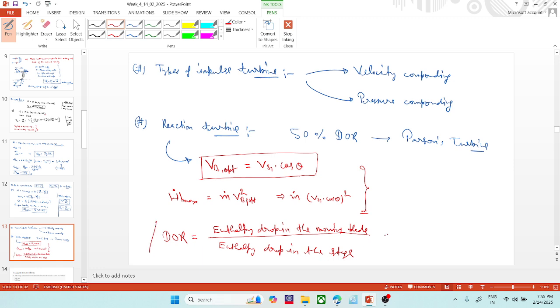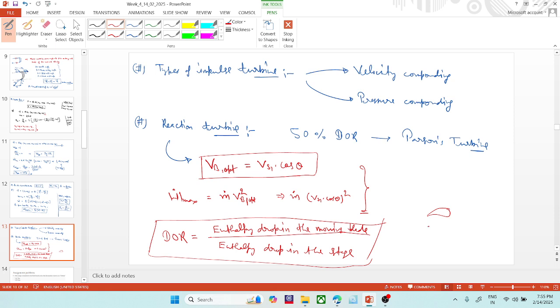Okay, and basically, what do we mean by a stage? Suppose these are my blades. In the reaction turbine we do not have symmetric blades.